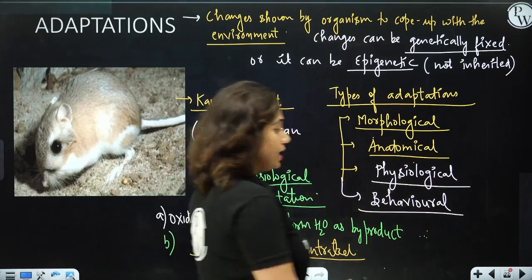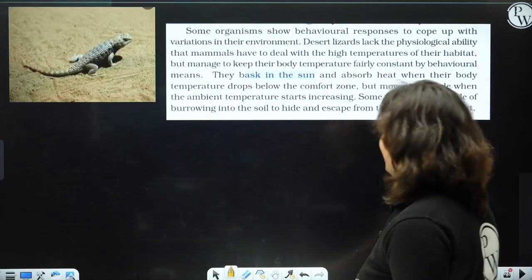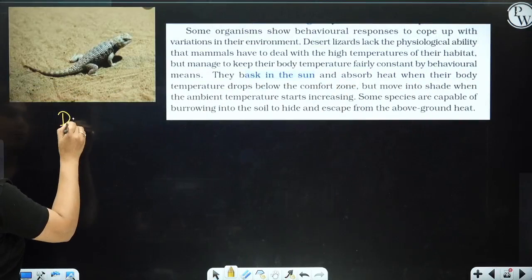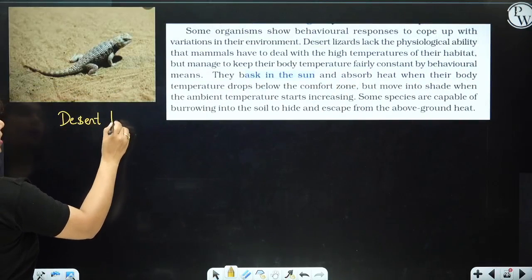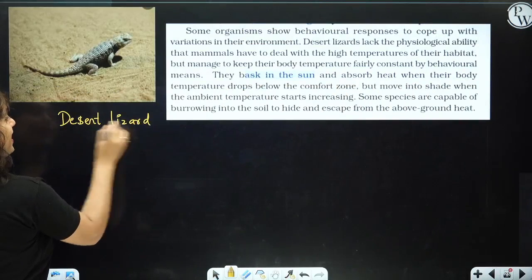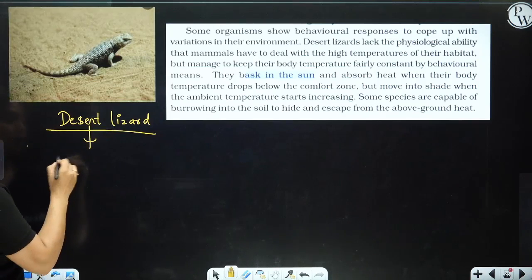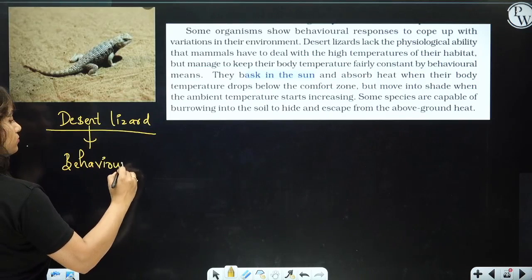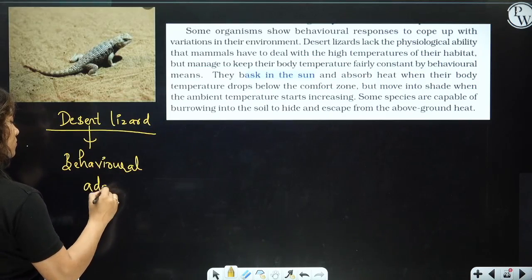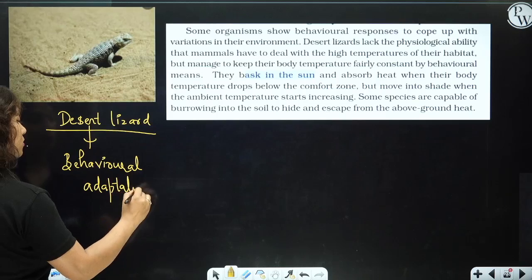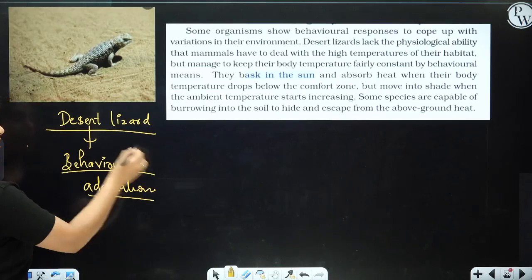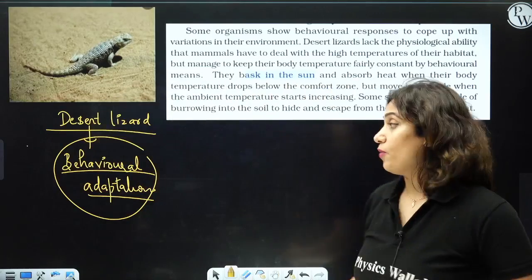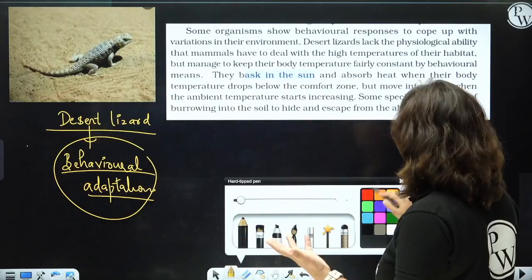Okay. Now let's take another example, and the other example is of the desert lizard. Here you can see a desert lizard, and this desert lizard shows behavioral adaptation. That means to cope with the environment, it changes its behavior.